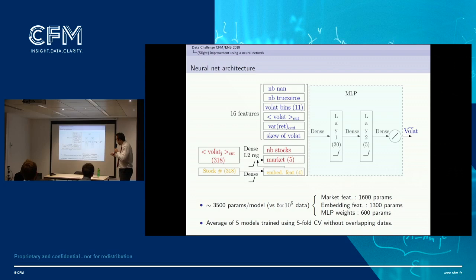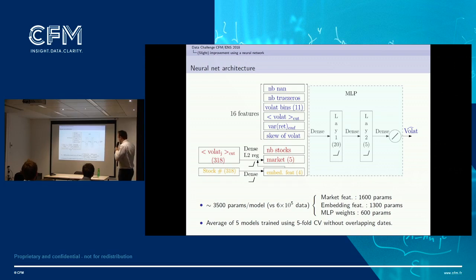So here we have a dense layer with L2 regularization that is fed with the different averages of the stocks, and that outputs 5 market features. And actually also fed with the embedded features here. So that's very practical with the Keras API. You can actually have inputs and outputs in a very transparent way.